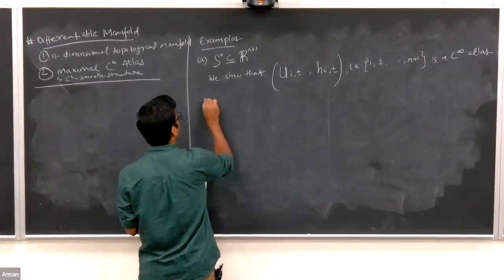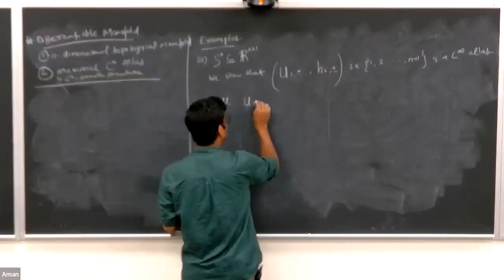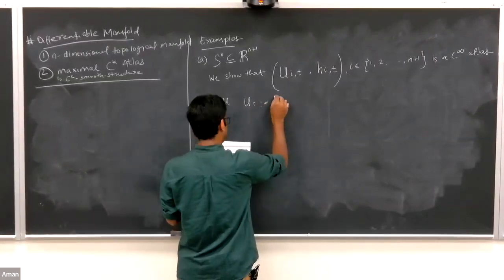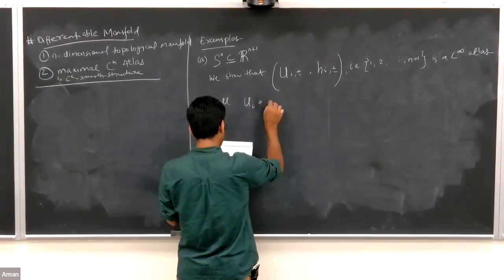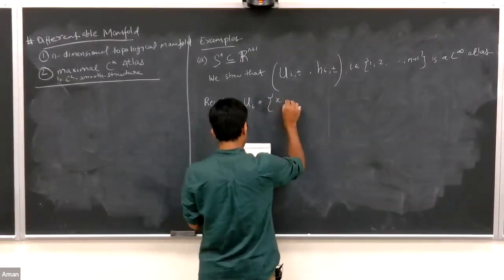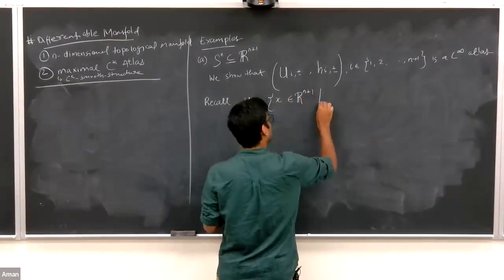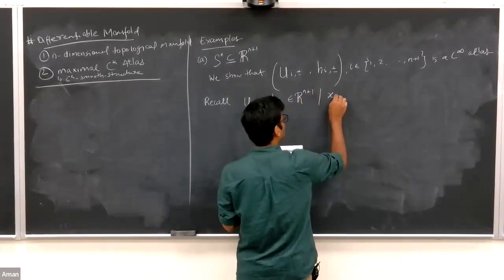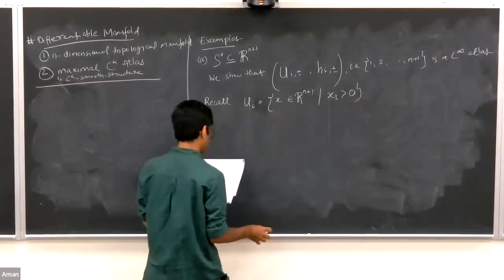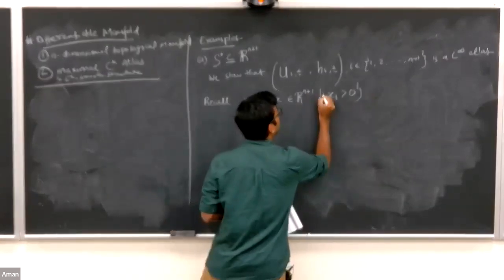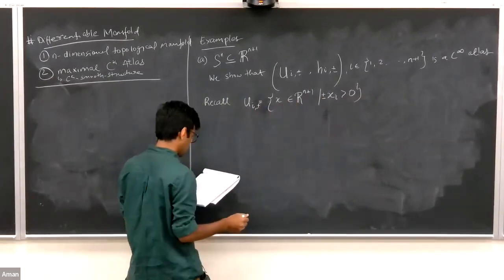Now, just recall quickly that U_i is defined depending on whether it's plus or minus, and we can choose the plus or minus sign there.